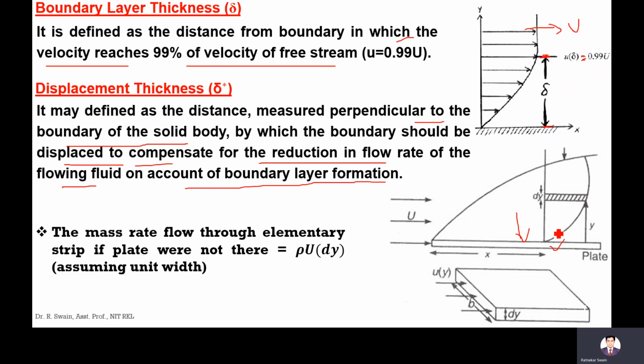We already know that due to this boundary surface, there will be retardation of the flow. There will be reduction of flow velocity in the boundary layer. So due to this retardation, there will be reduction in flow rate.